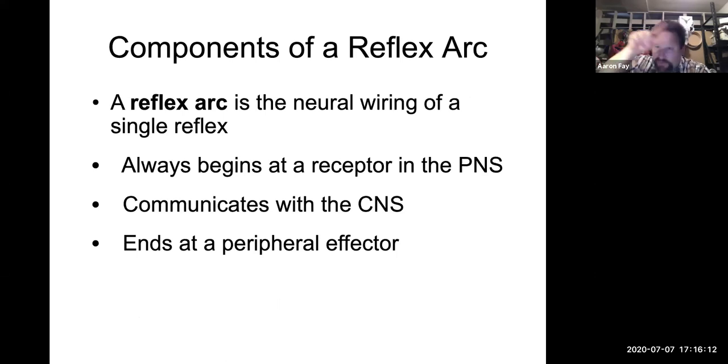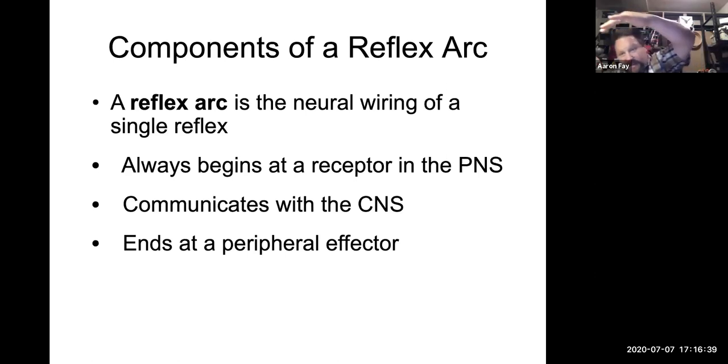So the actual circuitry of the neurons involved is called a reflex arc. A reflex arc must begin at a receptor. Receptors could be just free nerve endings, connected to the peripheral nervous system. The peripheral nervous system, this ties back into our very first chapter, its dendrites are going to be connected to a receptor.